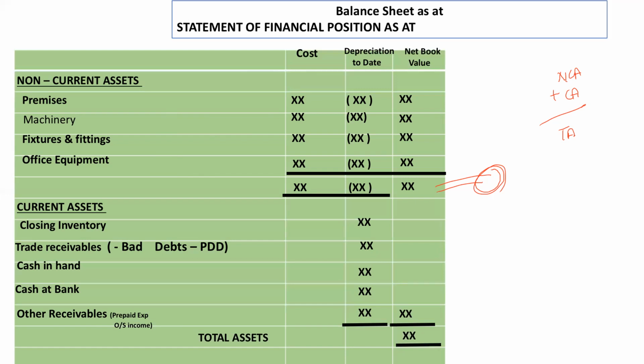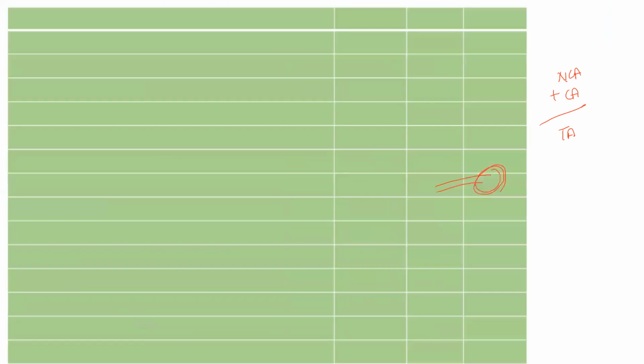Now we will look at the liability section of our balance sheet. I hope the asset section is clear. Let's look at the liability section. The first part in the liability section, we start with owner's equity. Owner's equity starts with capital at the start.